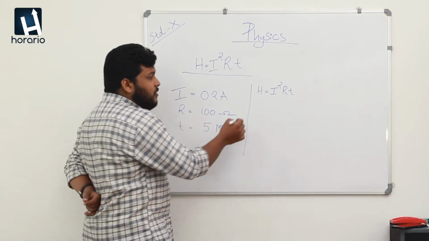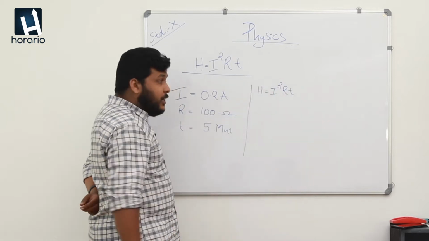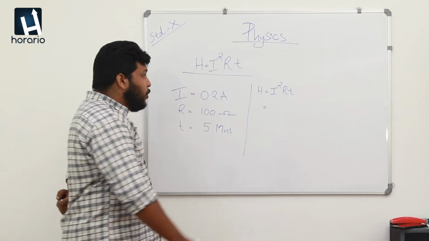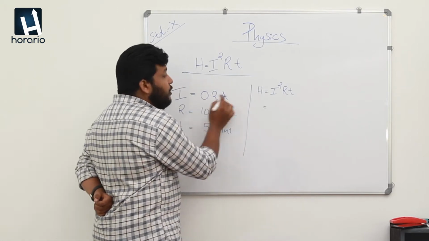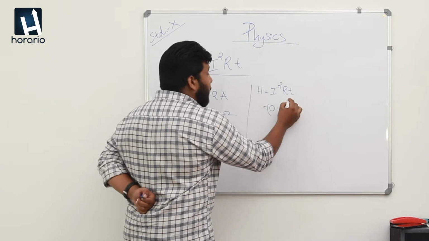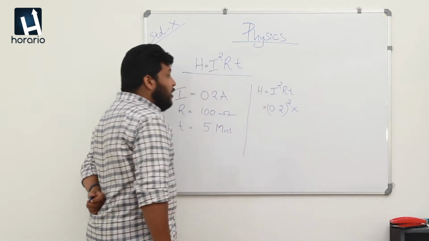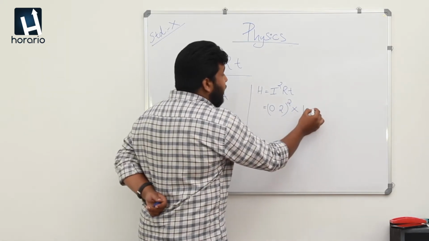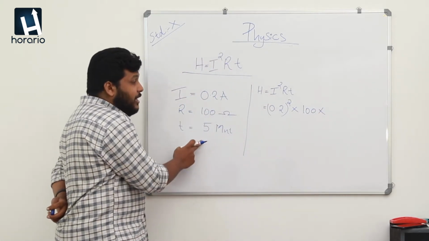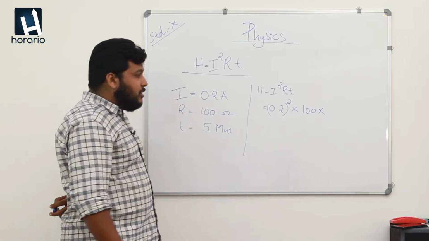The equation is the same, H is equal to I square RT, and we want to substitute the values in this equation. So I will be 0.2, so 0.2 whole square into resistance 100 into T. The time here is 5 minutes.